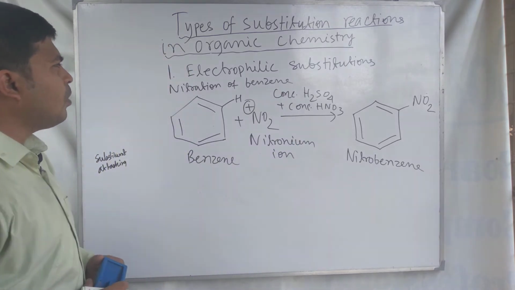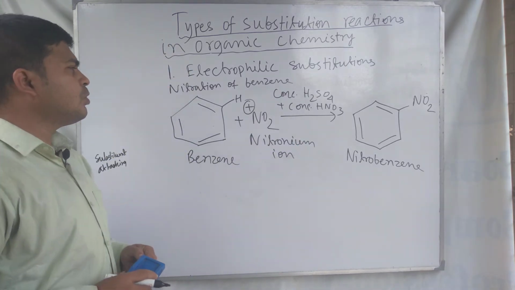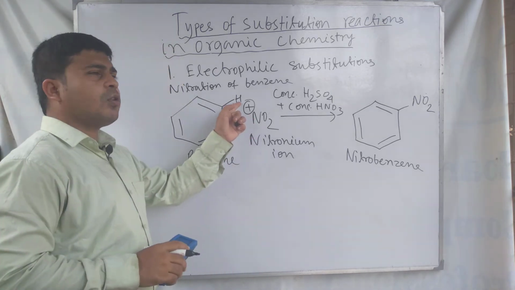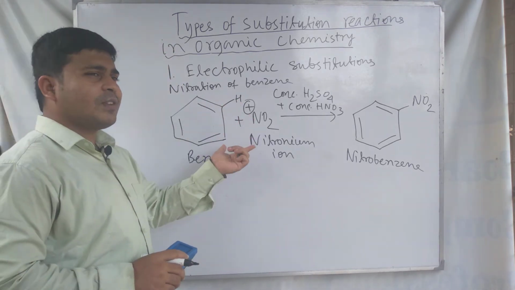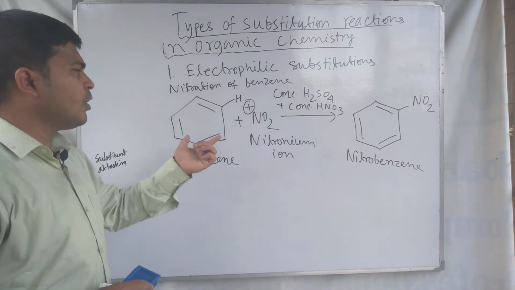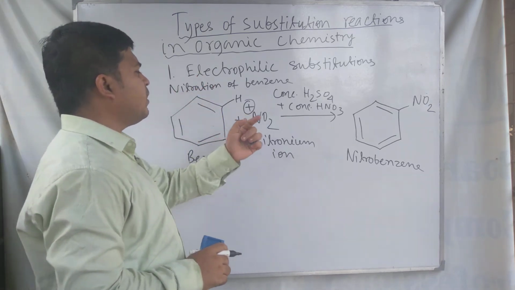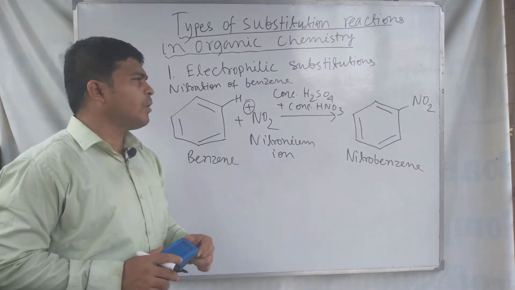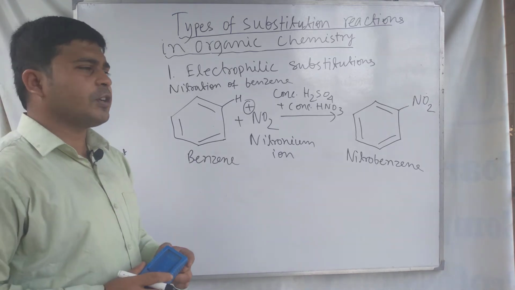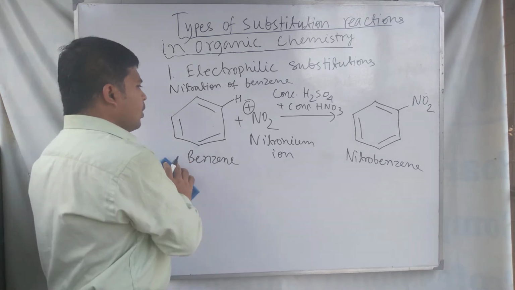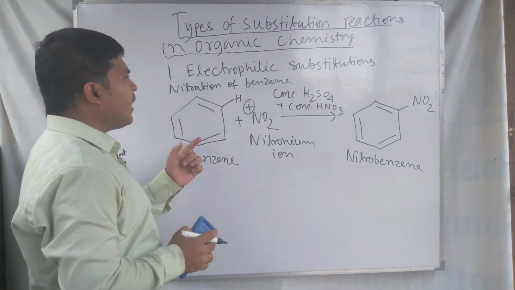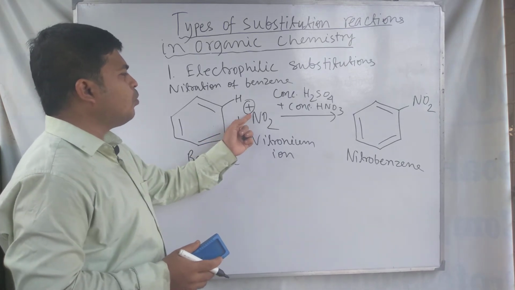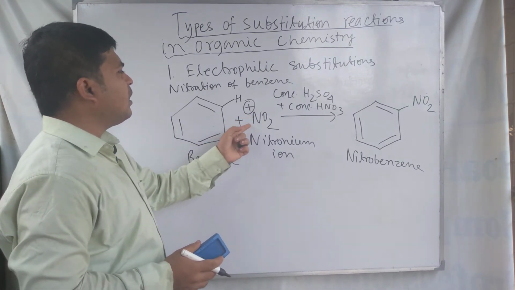It is an example of electrophilic substitution because the electrophile substitutes one atom, or in some cases a group of atoms, and for this reason these reactions are known as electrophilic substitution reactions.